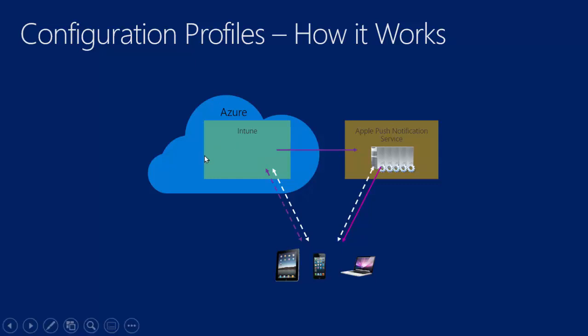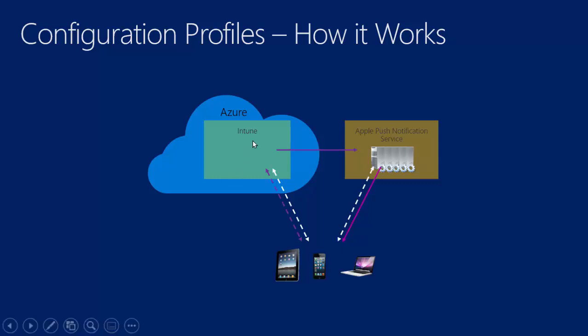So Intune will assess, okay, you've assigned it to this group of devices. In this group of devices, what do I have? Do I have just Apple devices? Do I have a mix of Apple and Google? How do I split it up? And Intune figures out which devices should actually be targeted by the configuration that you've implemented.